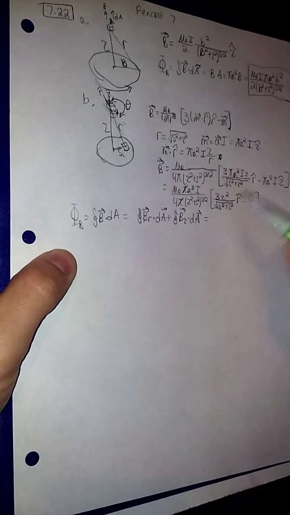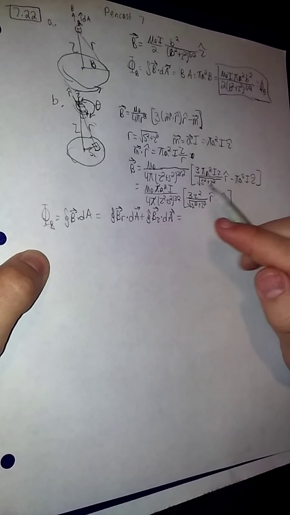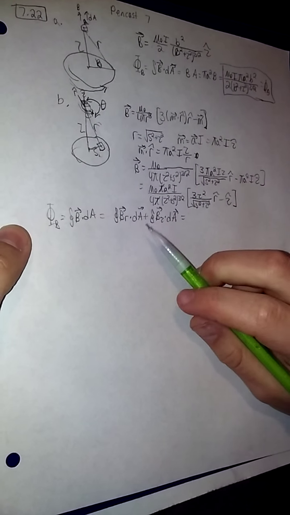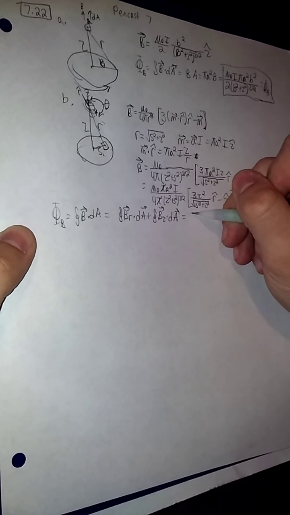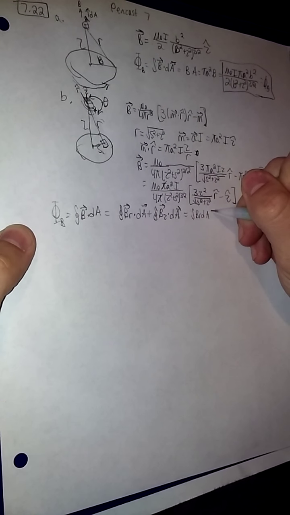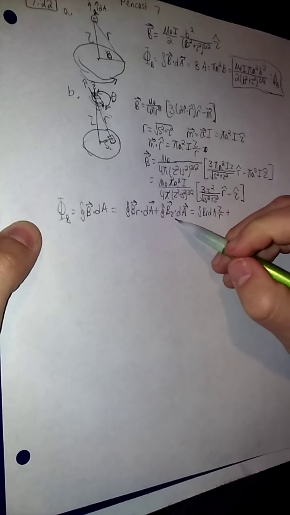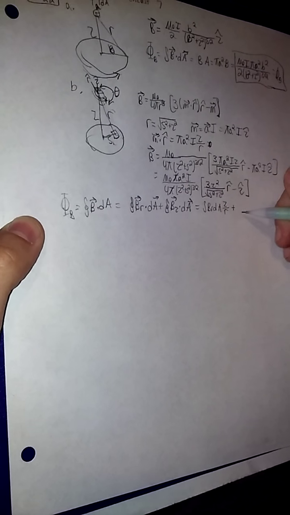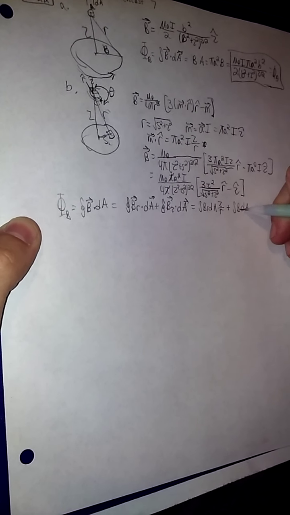The dA is in the z hat direction, and the r part is in the r hat component. So we get the integral of B_r dA times another cosine theta, or z over r. The z component and dA are in the same direction, so we just get the integral of B_z dA.